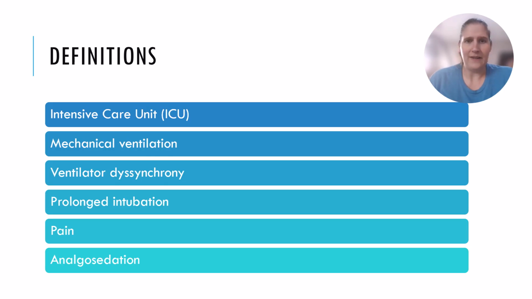A mechanical ventilator is a specialized machine used to help patients breathe when they cannot do so on their own. Patient ventilator dysynchrony, also known as patient asynchrony, occurs when there is a mismatch between a patient's respiratory efforts and the support provided by the ventilator.